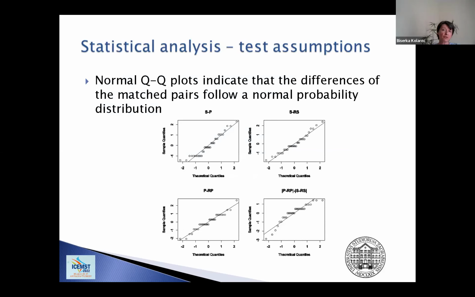In order to perform the statistical analysis of paired samples, one has to test the assumption that all data have a common distribution. For that purpose, we plotted so-called QQ plots, quantile plots, in which if the points are aligned nicely across the reference line, then it means that those pairs come from distributions with common parameters.